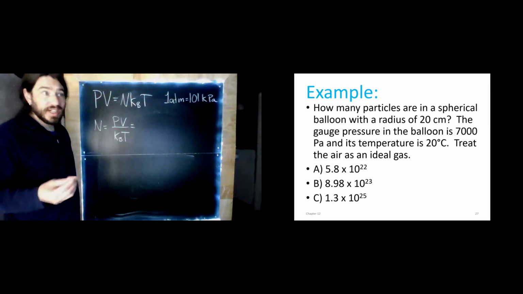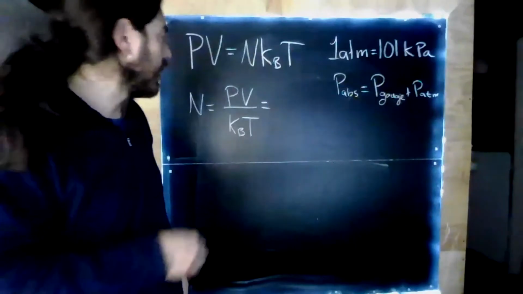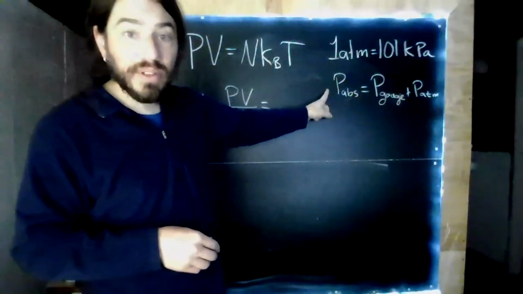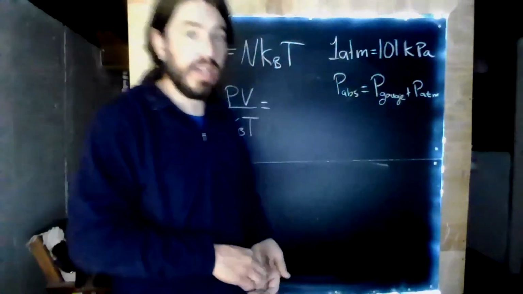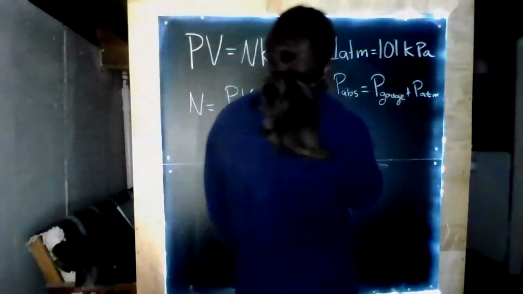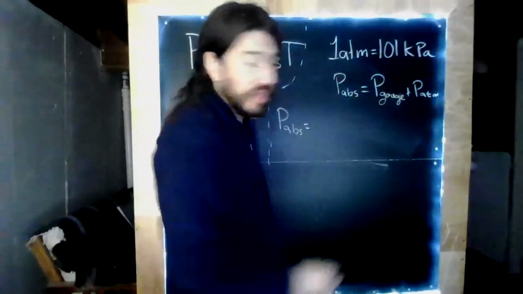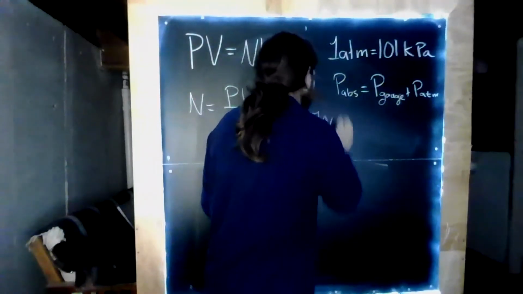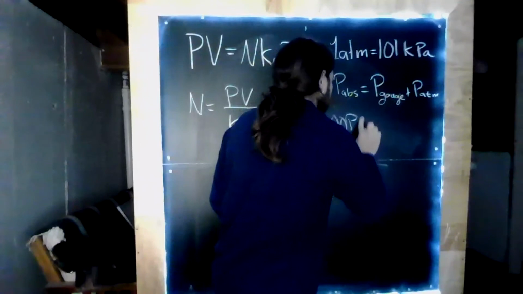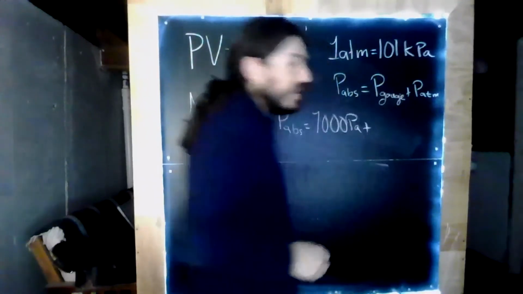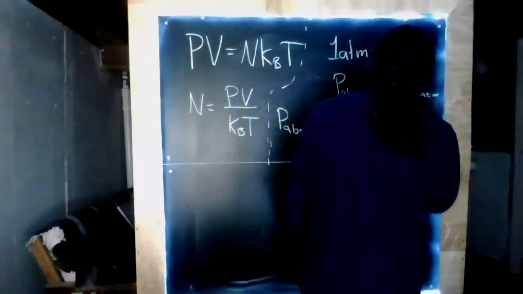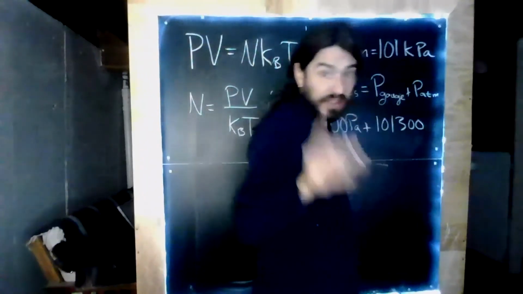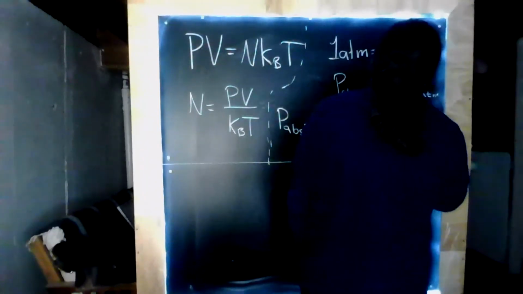So, the gauge pressure is 7,000 Pascal. So recall that the absolute pressure is the gauge pressure plus atmospheric pressure. And so, what is that? Well, it is the gauge pressure, 7,000 pascals, plus the atmospheric pressure, which is 101,300 pascals.